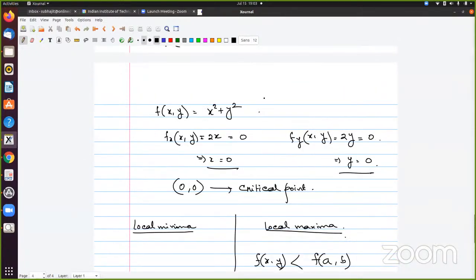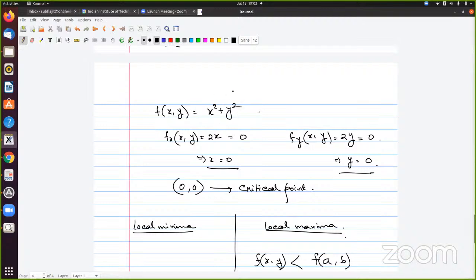So can you tell me whether this is a minima or maxima? It is minima, at the origin. But why is it minima? It is global minima, because x square plus y square is above the xy plane.